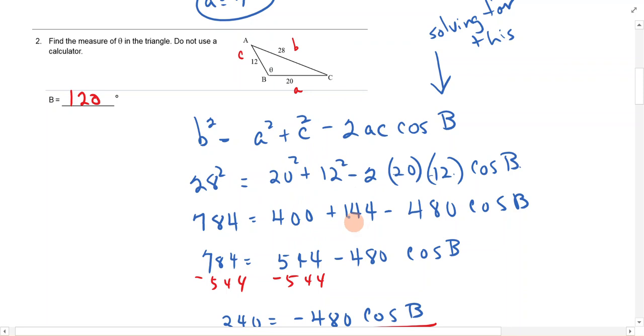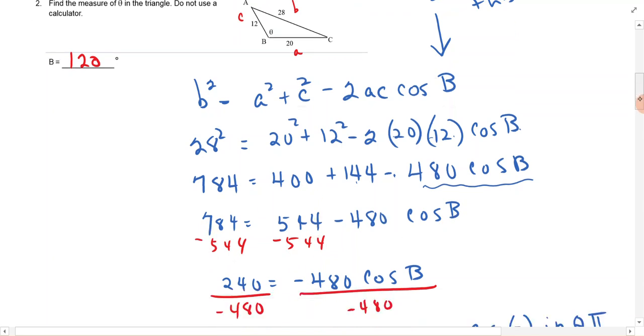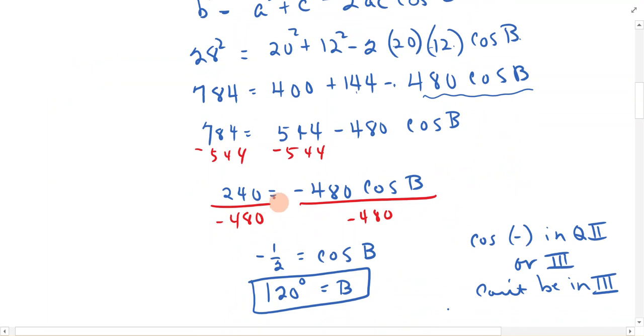Then you have 400 plus 144 minus the 480 actually stays right here. So we've got 544 minus 480 cosine B. We're going to subtract the 544 and we're left with 240 equals negative 480 cosine B.